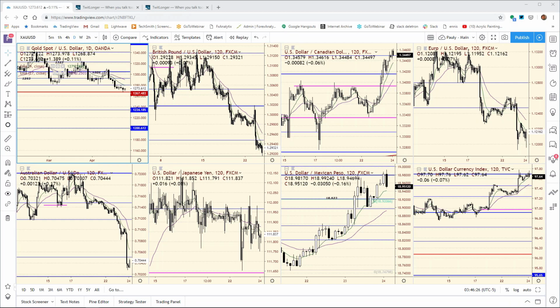And we know we're a bit oversold here on the Kiwi. We'll go right here with the 69.47, 69.47 being the resistance.